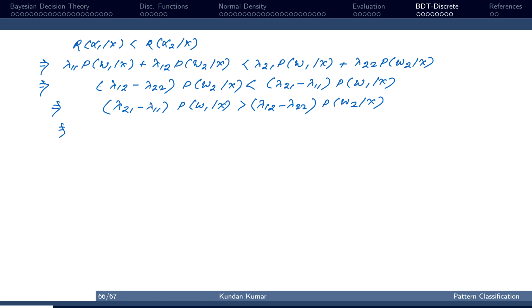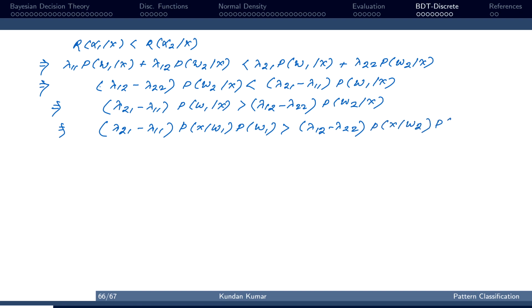Then we can write lambda 2 1 minus lambda 1 1. So instead of posterior probability, we can write the likelihood into the prior probability of class 1. Similarly, on the right hand side, we can write p of x given omega 2 into p of omega 2.